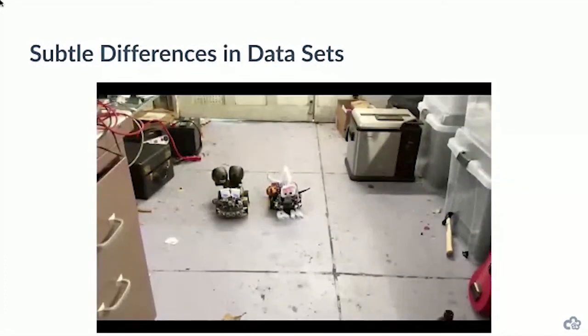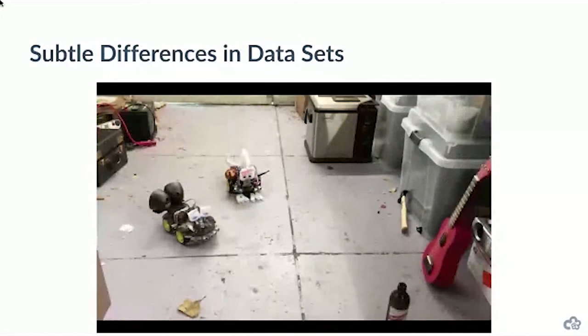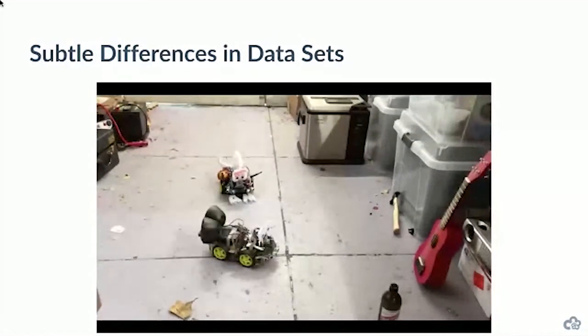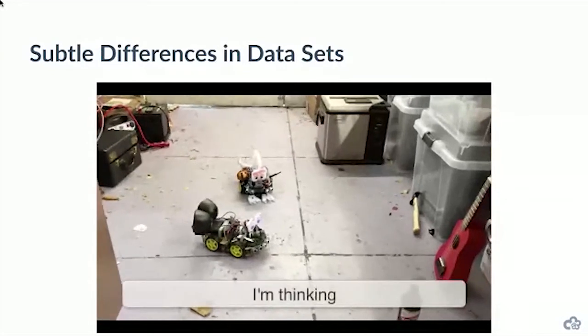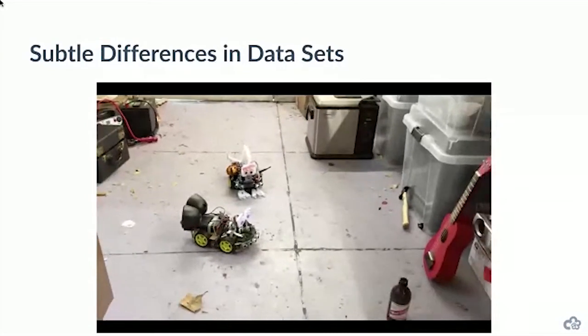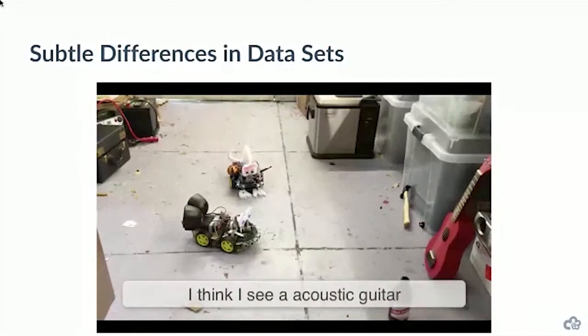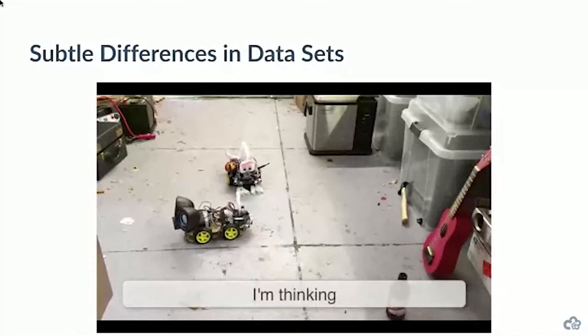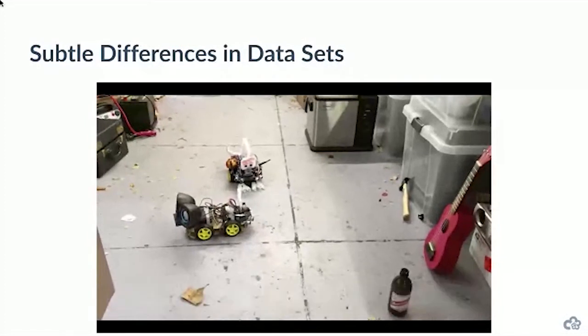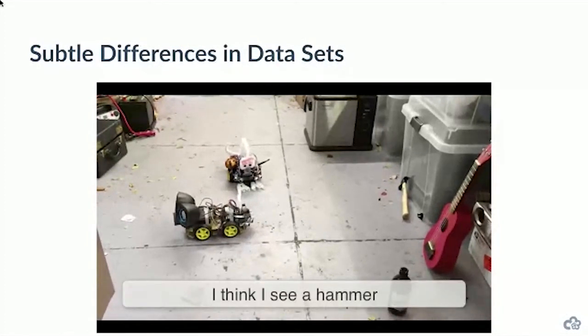One of the issues that came up is that these cameras are wide angle cameras. Guitar is actually in Imagenet. Actually, this is a ukulele, I guess, but acoustic guitar is pretty reasonable. But these robots struggled because the kind of images that you collect online look pretty different. These robots are low to the floor, and they have a wide angle camera.